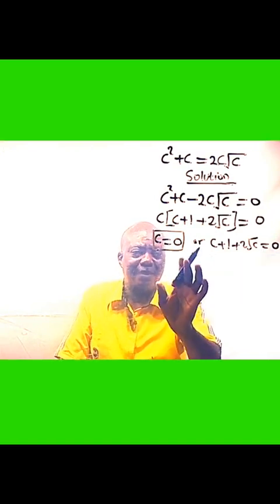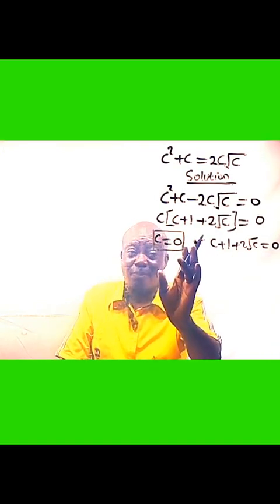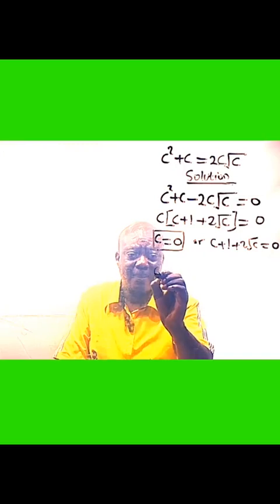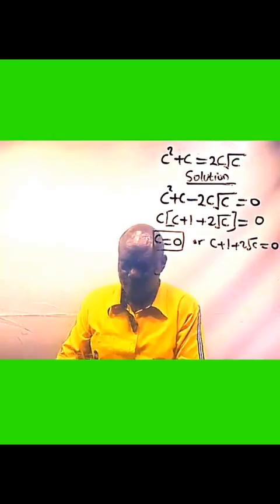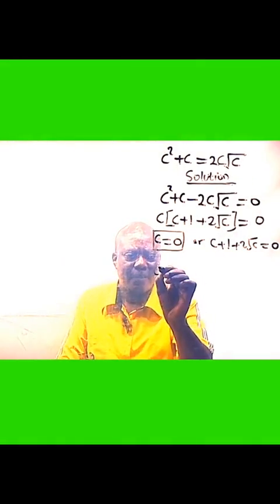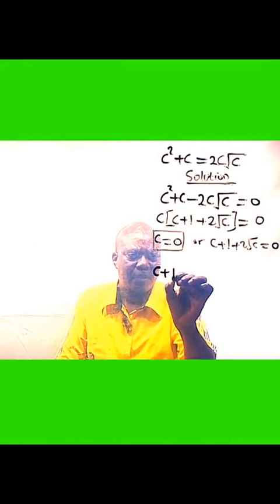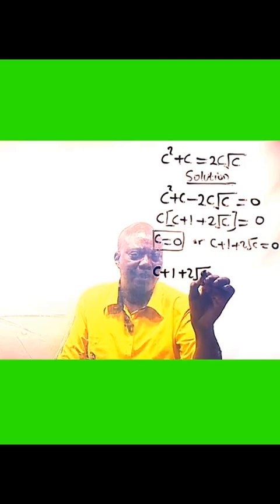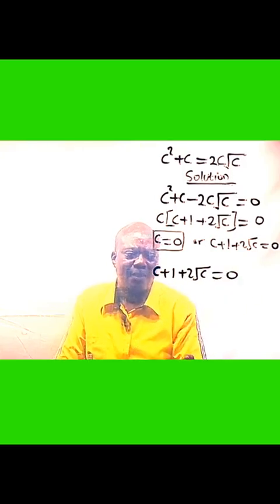So if C equals to 0, then either C, this C plus 1 plus 2 root C will be equals to 0.